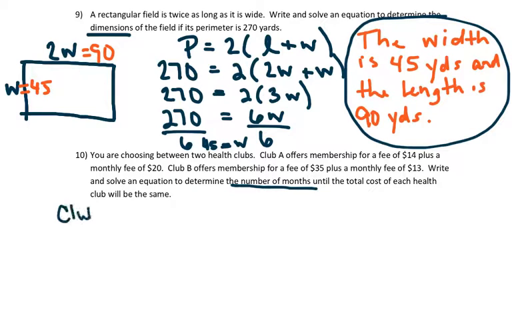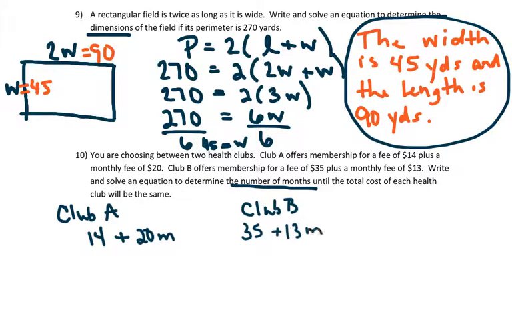So Club A is $14 plus a monthly fee of $20, so $20 times the number of months. An expression for Club B would be 35 for the fee plus $13 each month, so 13M. And we want to know how long it will take for these to be equal.